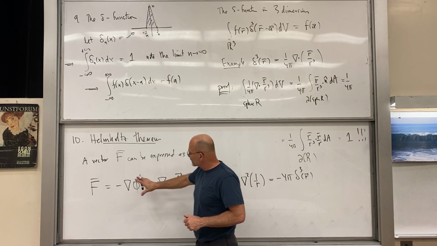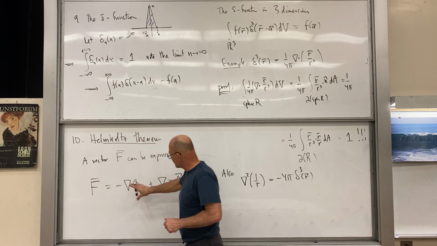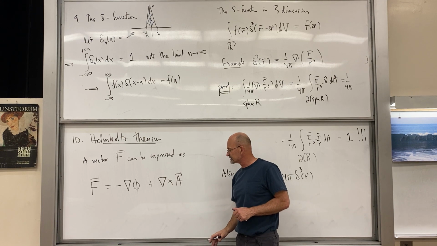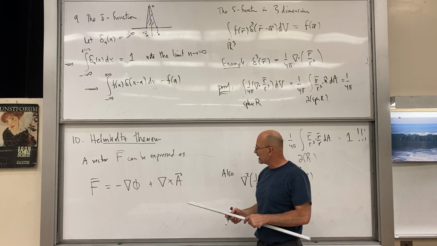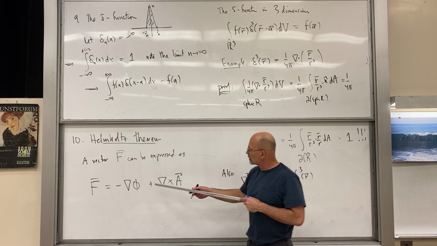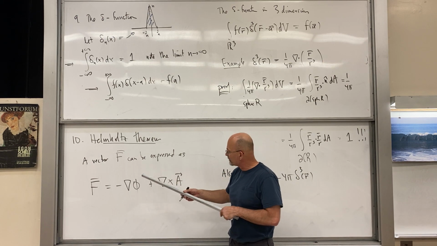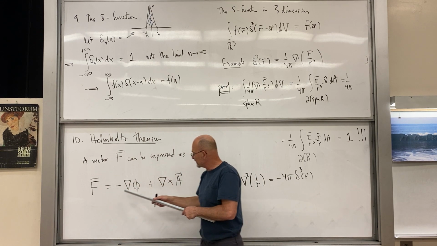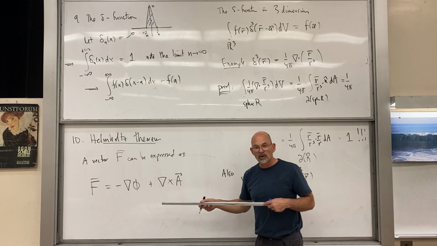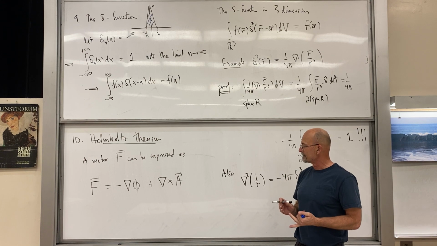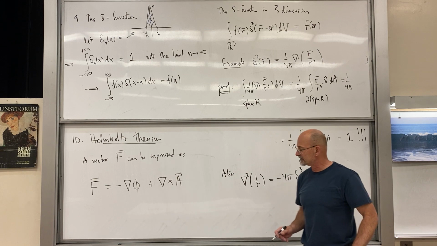Okay. A vector field can be expressed as the gradient of a scalar plus the curl of a vector. And then you'll have those relations, divergence and curl, that you can apply to this to isolate it as one part or the other, depending on whether it's a curl-free or a divergence-free field.